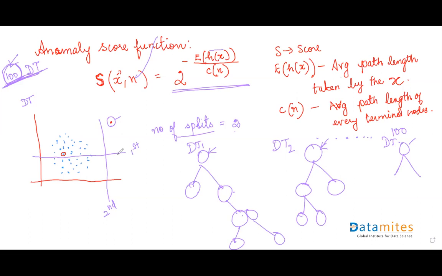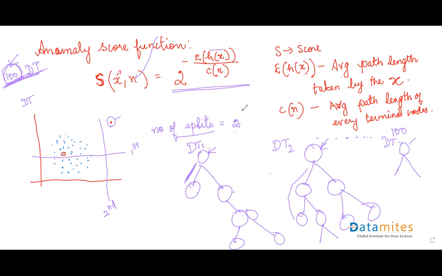So for this particular point, in the first decision tree, it might take a single split, but in the second decision tree, it might take two splits. In the next one, it might take 2 or 3 or 1 split to get isolated. So the number of splits in each decision tree for each data point will be different, because each decision tree is going to pick the features randomly and do the split randomly, so it will differ.